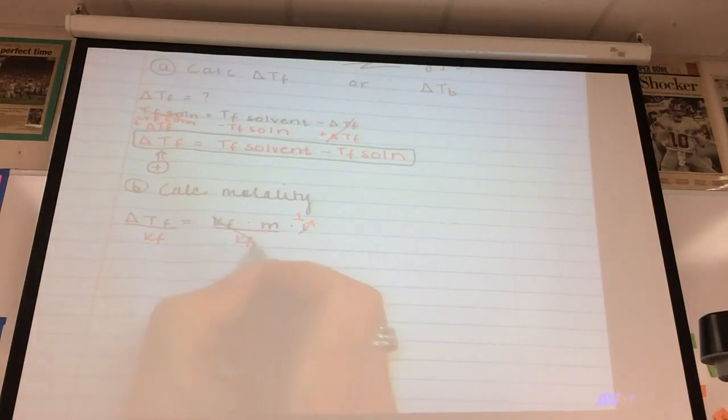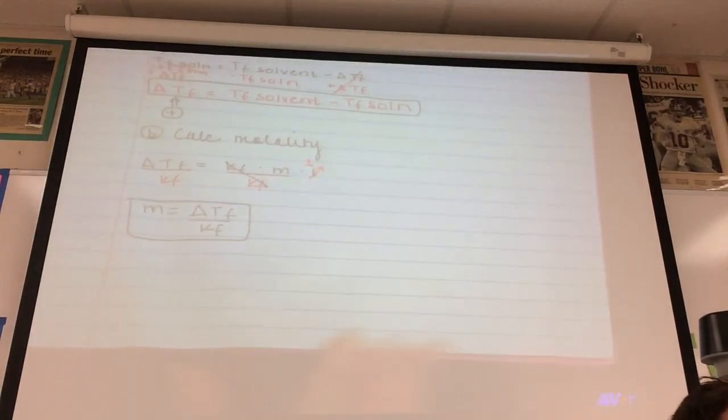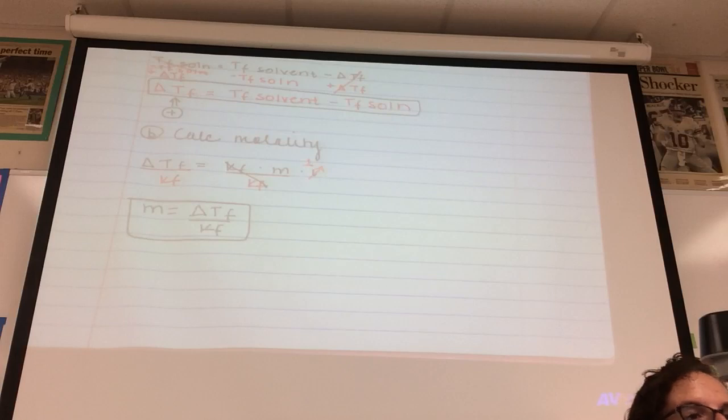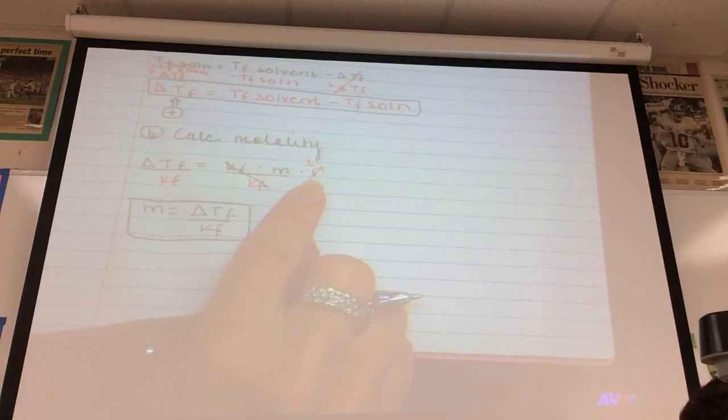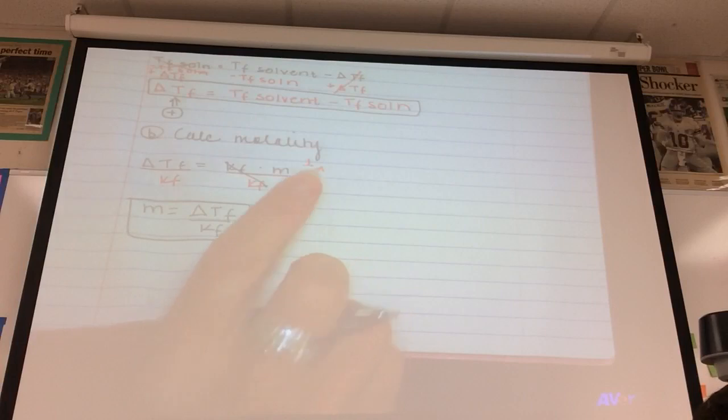And so you have molality is equal to delta TF over KF. So that's the second thing you're going to do. Say it again. I is 1 because you're going to have a non-electrolyte as your solute. It's not going to be ionic. I will be 1 for covalent compounds. It just makes it easier.